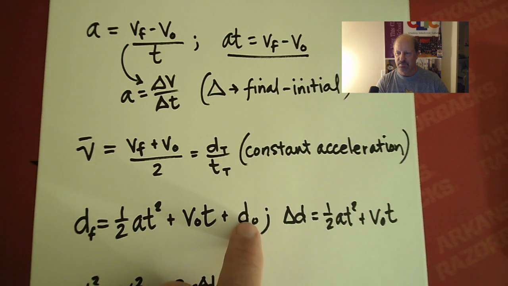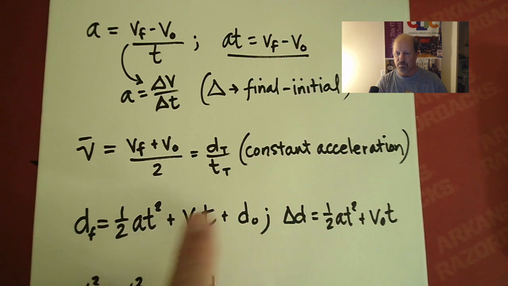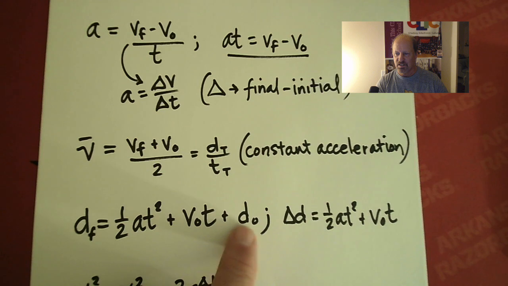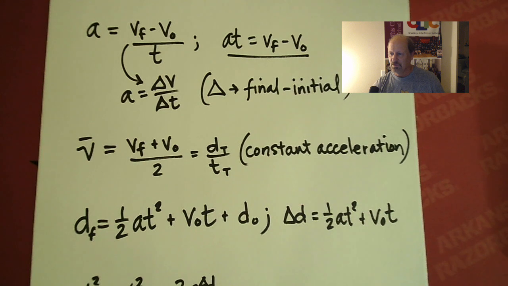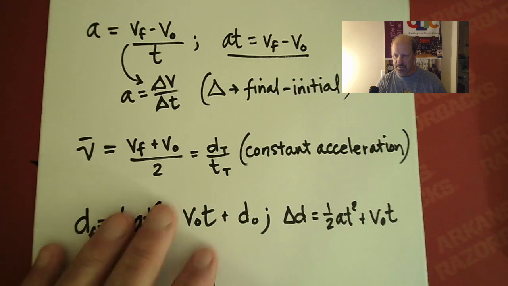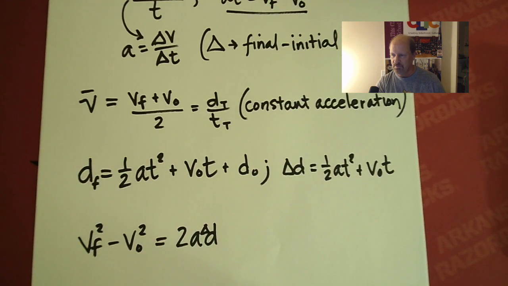So if you think about this, d final minus d initial, subtracting d initial from both sides, would give us delta d, or change in distance, is equal to 1/2 a t squared plus v initial t. T is for the time, v is v initial, a is acceleration.